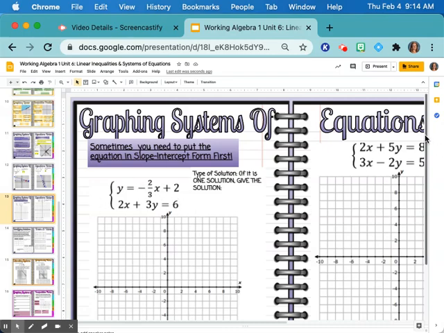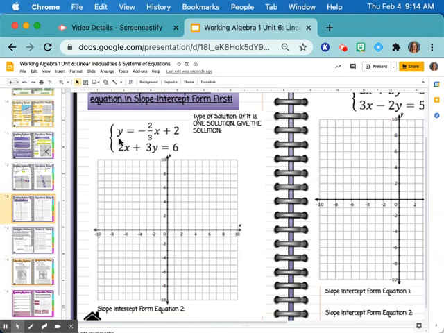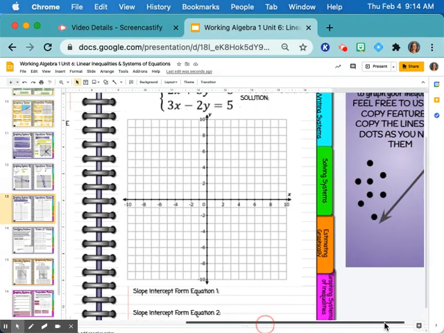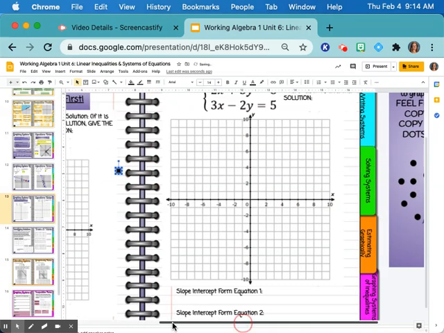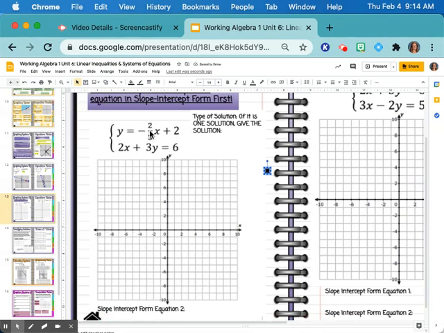All right, so let's graph this one. Our first one is in slope-intercept form, so that's good. So let's go ahead and graph it. I need a few points. I'll just grab one, take it over there, and then I can copy and paste it. The first one's already in y equals. So we are going to go up to 2 for our y-intercept. Copy and paste so we can have another point.